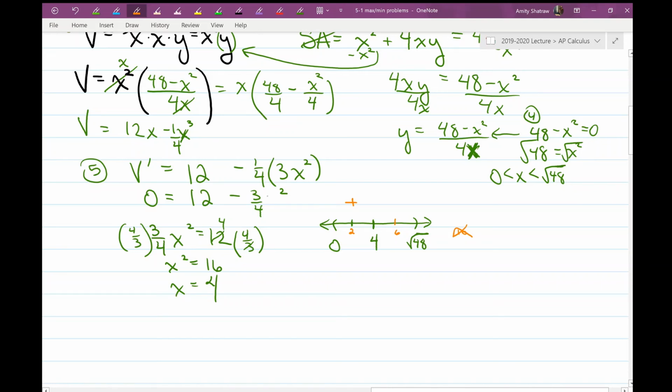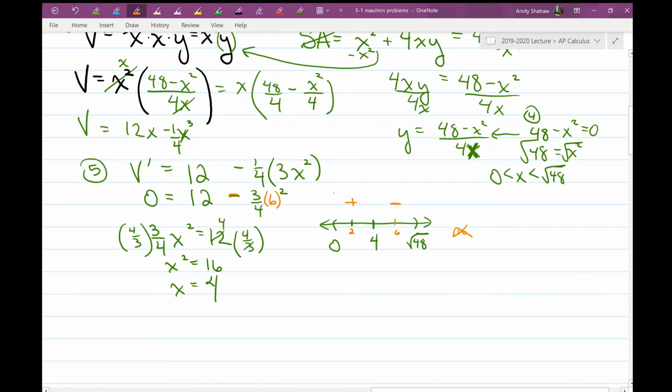So I'm going to do 6, and I'm going to plug in a 6 here, and I'm going to say this is 3/4 of 36, which is definitely going to be a value that I can compare to 12, as in, let's see, 3/4 of 36 is definitely going to be something that will be bigger than 12. And so if I take it away, I will get a minus sign here.